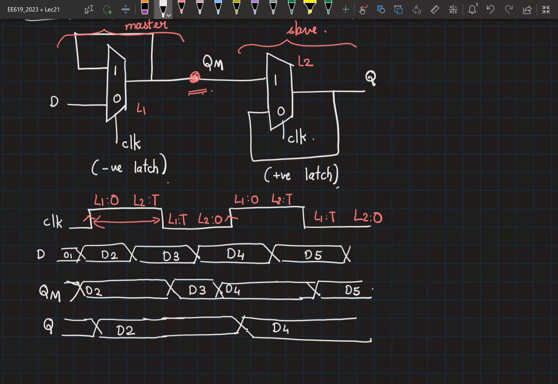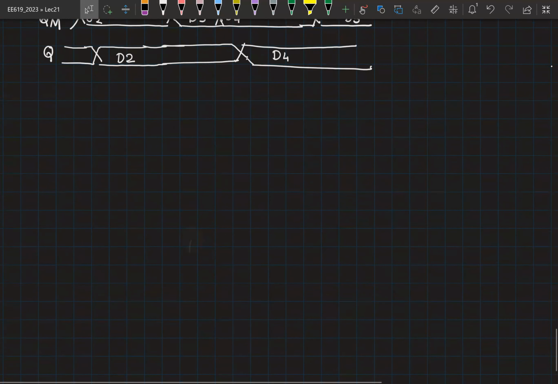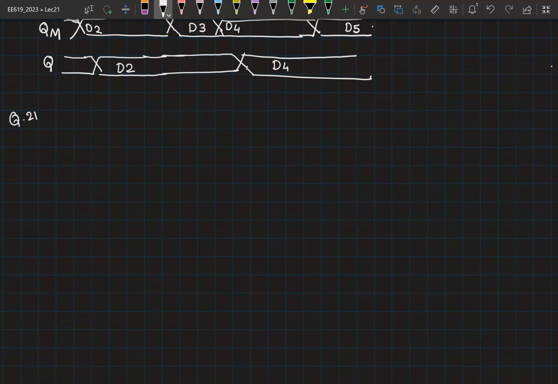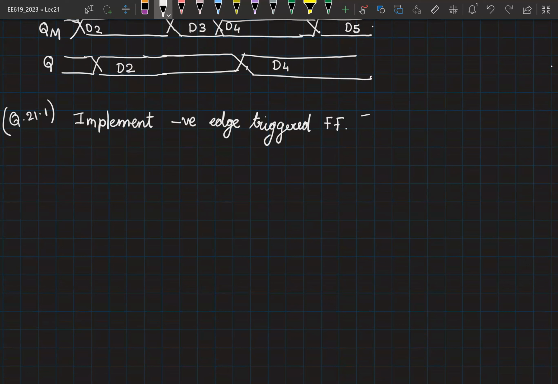So I'll give you a quick homework. One is implement a negative edge triggered flip-flop. Also analyze the timing diagram.